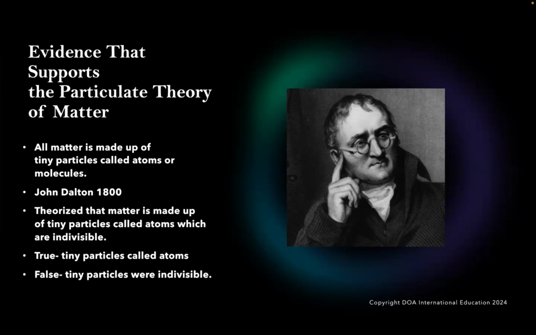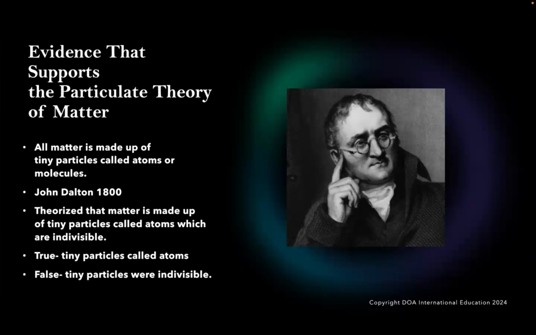which he also stated were indivisible, meaning the atoms cannot be broken down into anything. Later on, other scientists did more work and found out that it was indeed true.